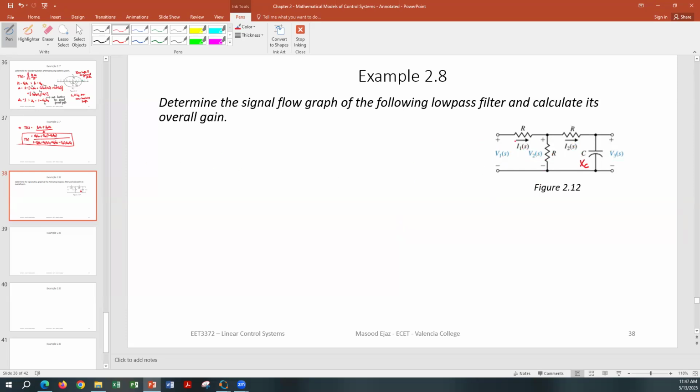First, we're going to write down the equation for I1. So I1 is going to be what?